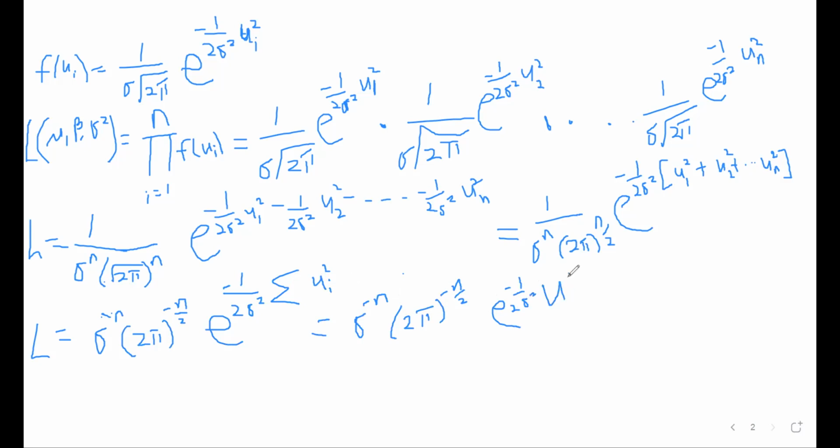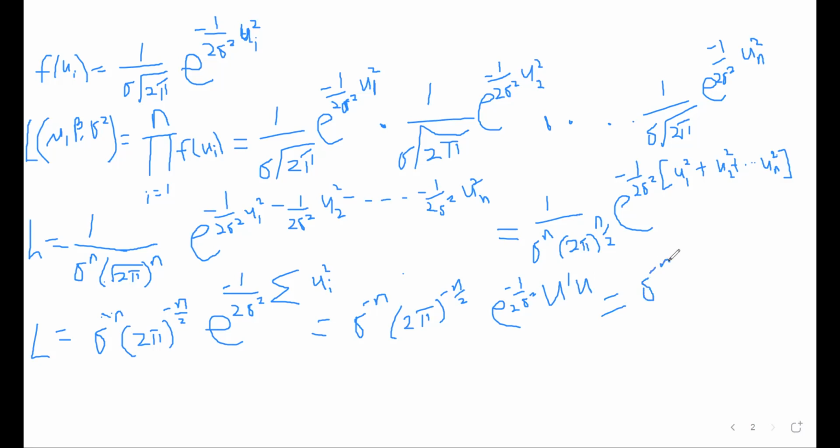Now u transpose u, right? I'm summing individual u's, squaring them. I've shown you already, it's the same as u transpose u. Remember this. If not, go back to the beginning of the video. Of course, the u transpose u can be replaced with what the u's actually are.